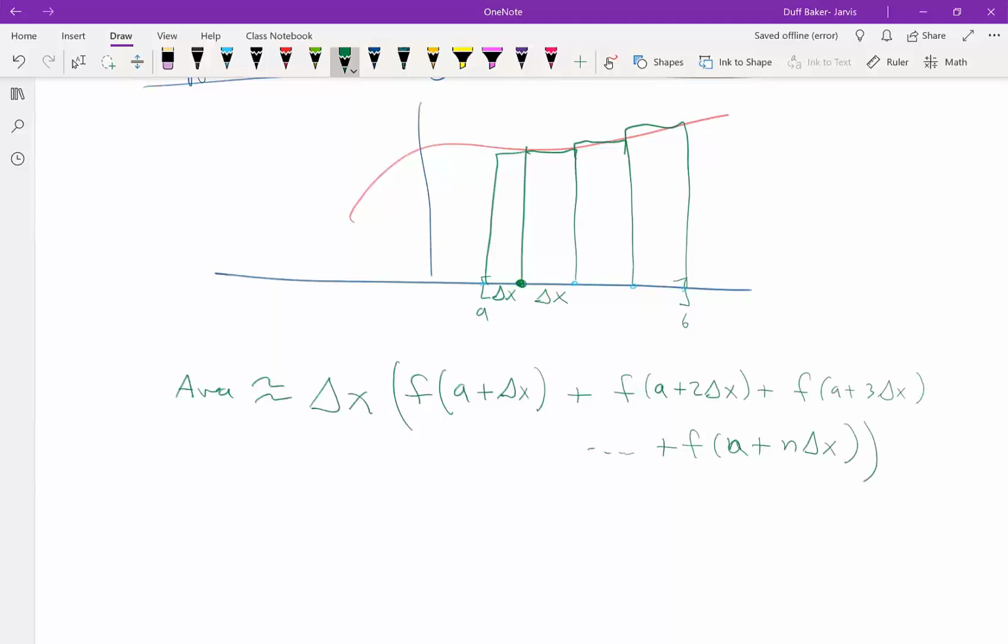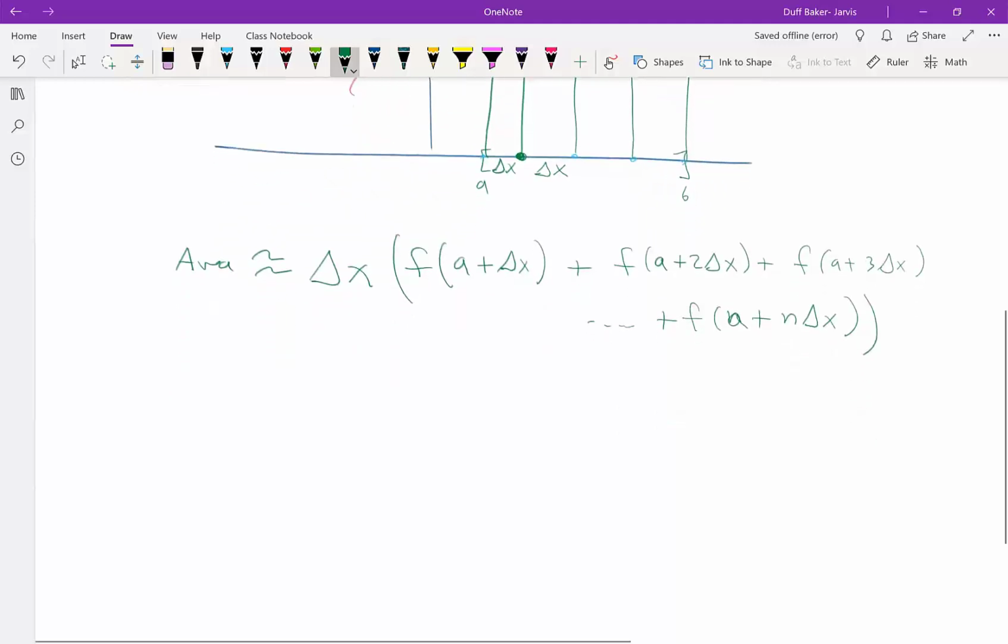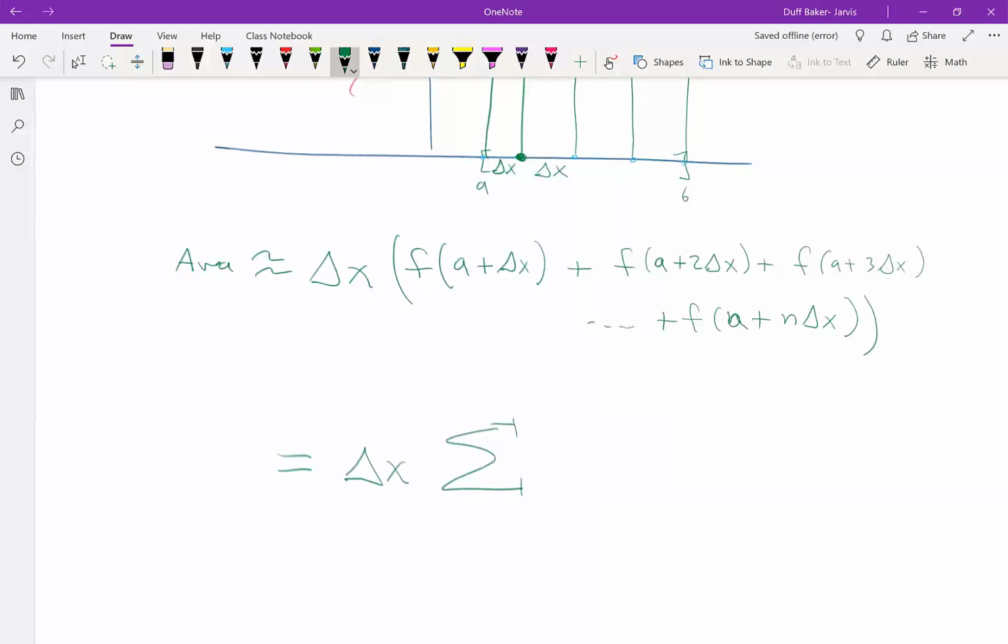Okay, so that's kind of the long-winded way. If we write this in terms of a sum, this is the same as saying delta x times the sum. And now which thing was increasing each time we went up a term? It was the 2 went up to a 3, went up to 4, 5, up to n. And so there's sort of a hidden 1 here, right? Think of there as that just being 1 delta x.